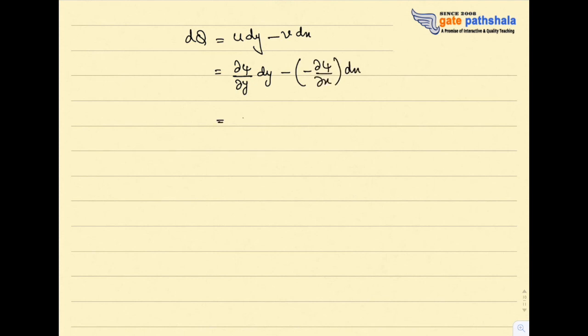Okay, let's go ahead. I can substitute in place of u, dou psi by dou y, to dy, minus, in place of v I can substitute minus dou psi by dou x, to dx, which can be written as dou psi by dou x into dx plus dou psi by dou y into dy, which we know is equal to d psi. Therefore, we have dq equals d psi.